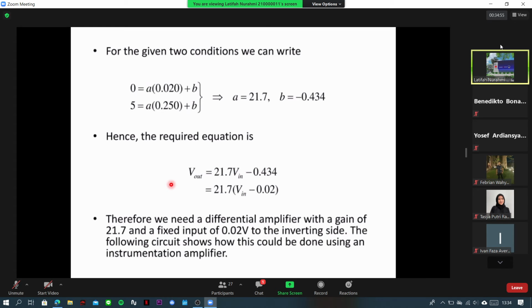Here is one example using linear equations. So your amplifier should be able to amplify the input voltage by following these equations: V out equals 21.7 V in minus this.